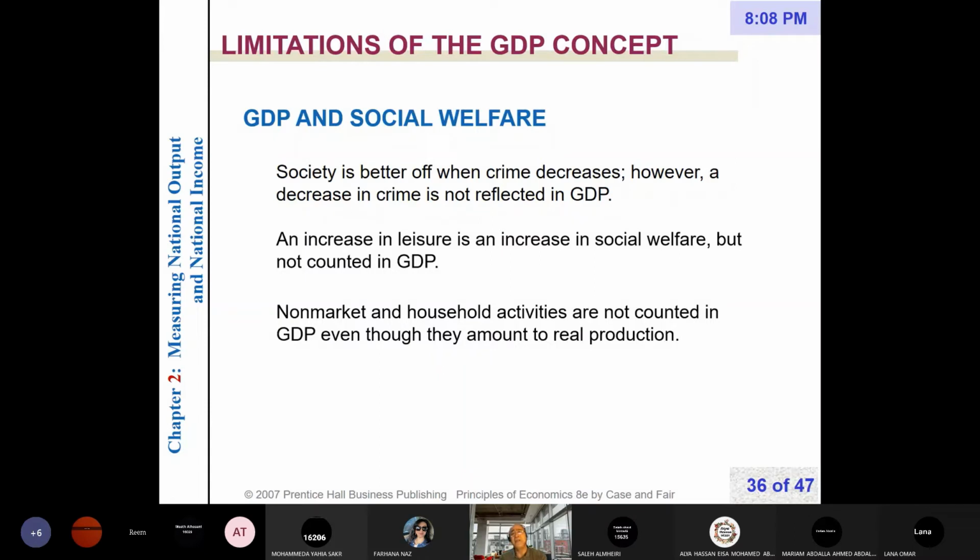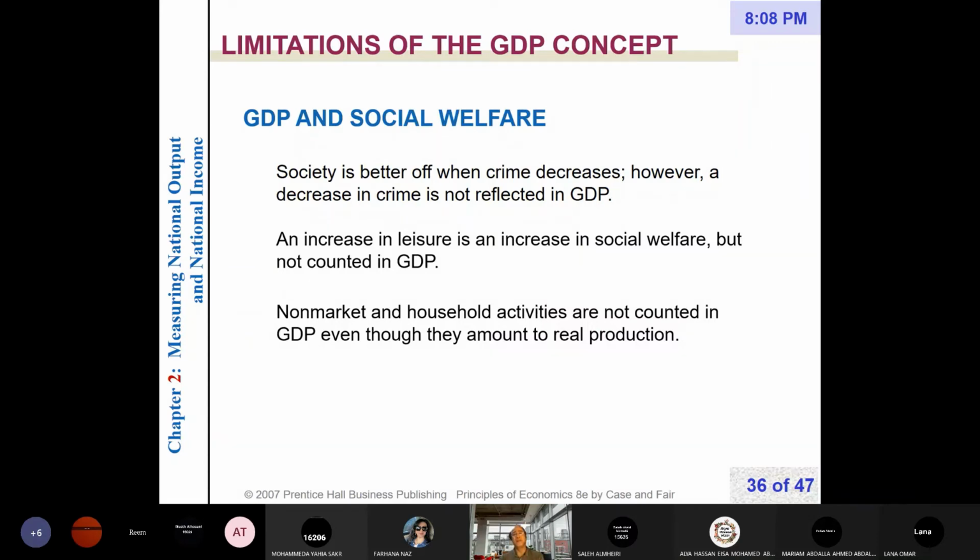Even though it is real production, it is not counted in gross domestic product, because GDP is the market value of goods produced domestically. If I teach in Skyline, it is part of GDP. But if I teach my son at home for free, it is not counted as part of GDP.